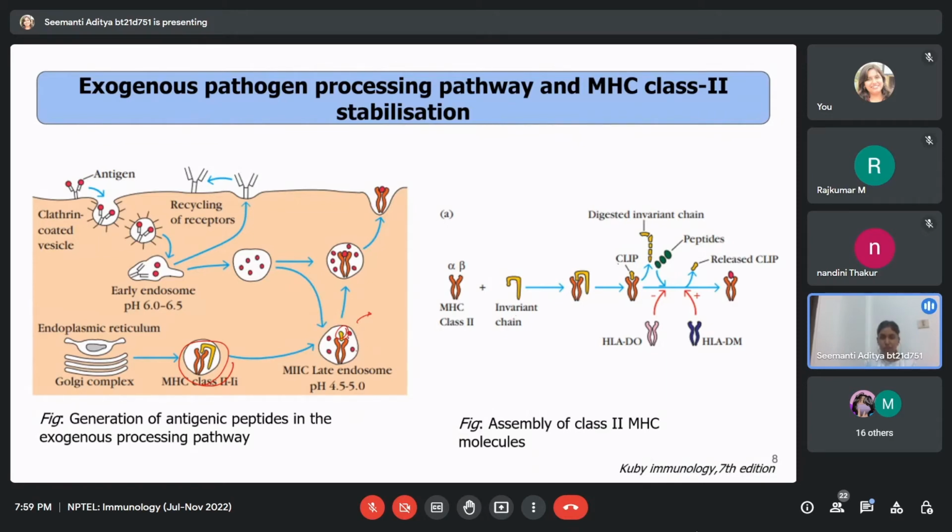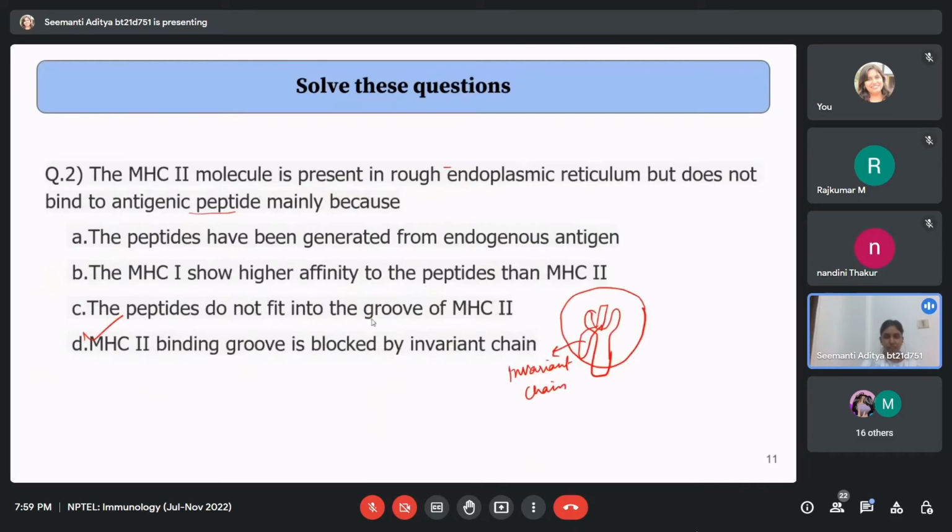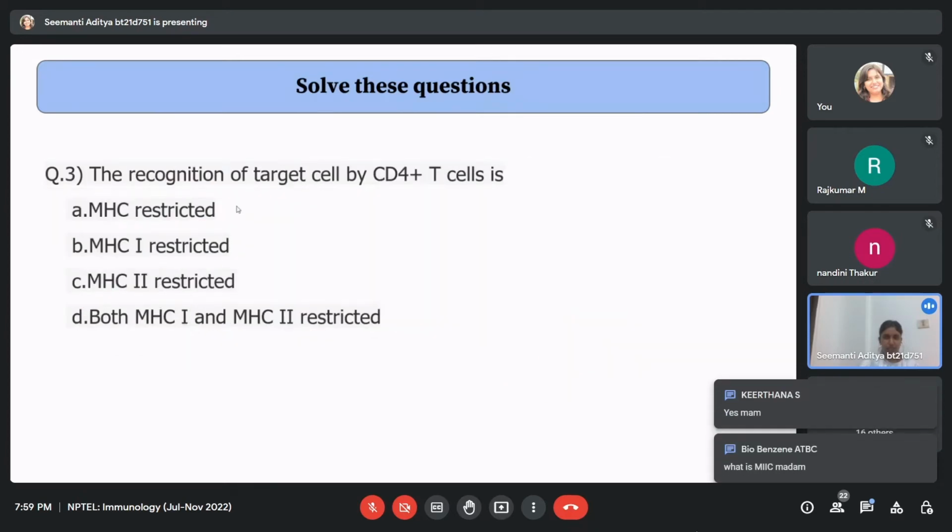So this protein needs to be removed in order to bind to your antigenic peptides. Initially the binding groove is blocked by this invariant chain, so it will not be able to bind to the antigenic peptide. Did you get it? Yes, ma'am. Okay. So let's go to the next question.